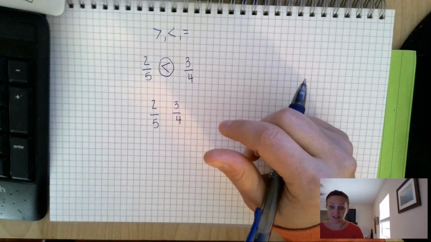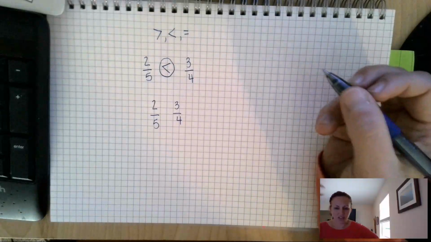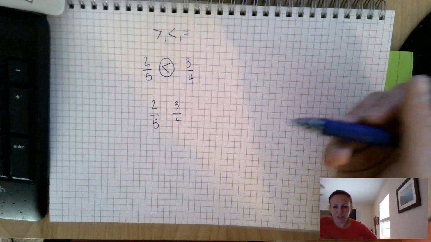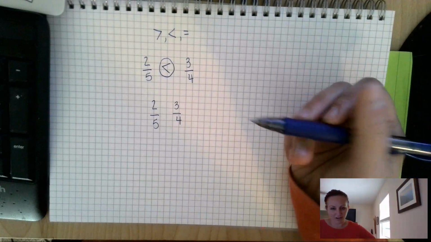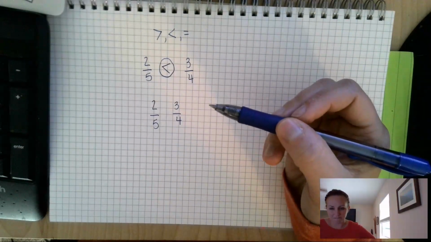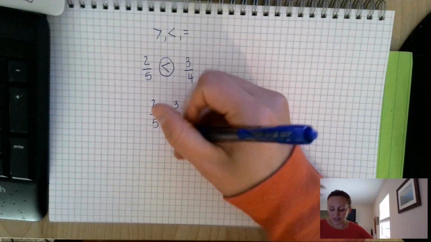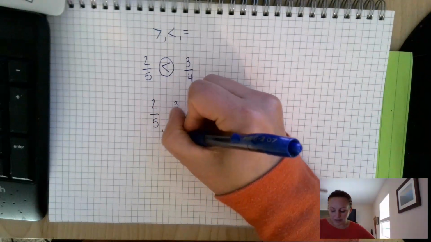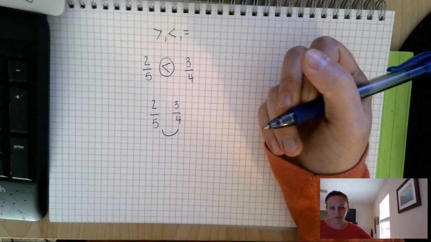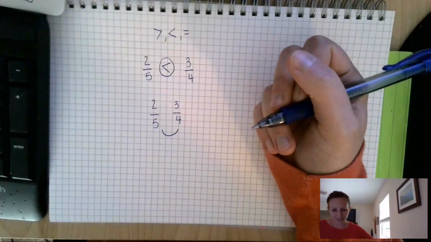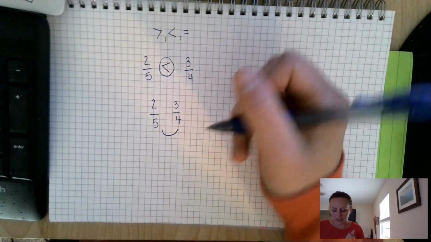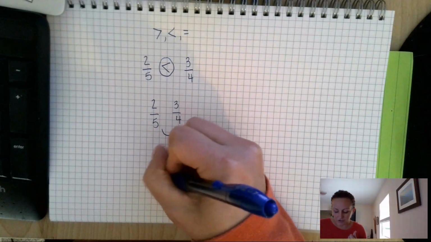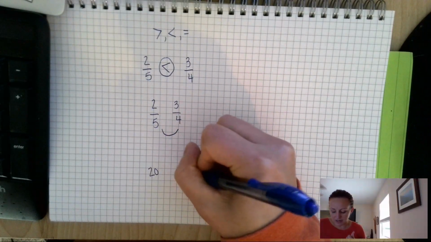That's easy, right? How do I find those fractions? There's a really cool trick. I can multiply 5 times 4. What does 5 times 4 equal? 5, 10, 15, 20. So my new denominator for both of my fractions is going to be 20.